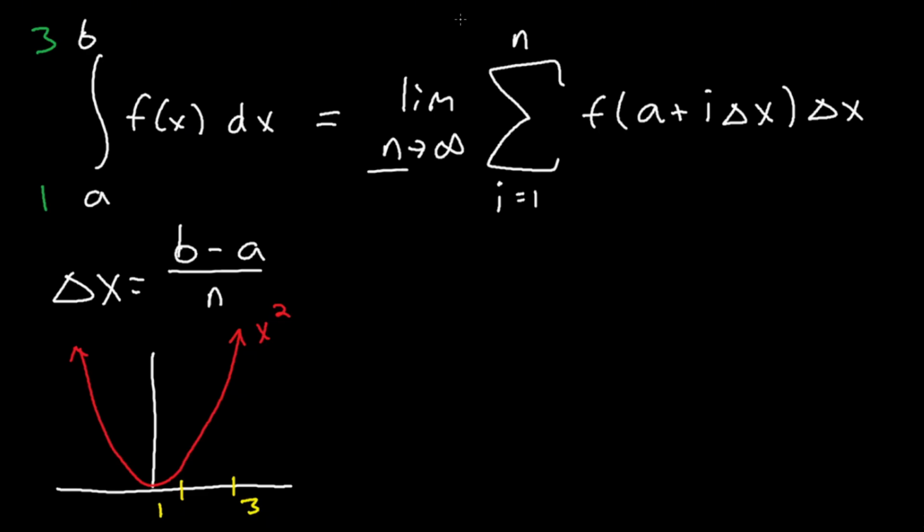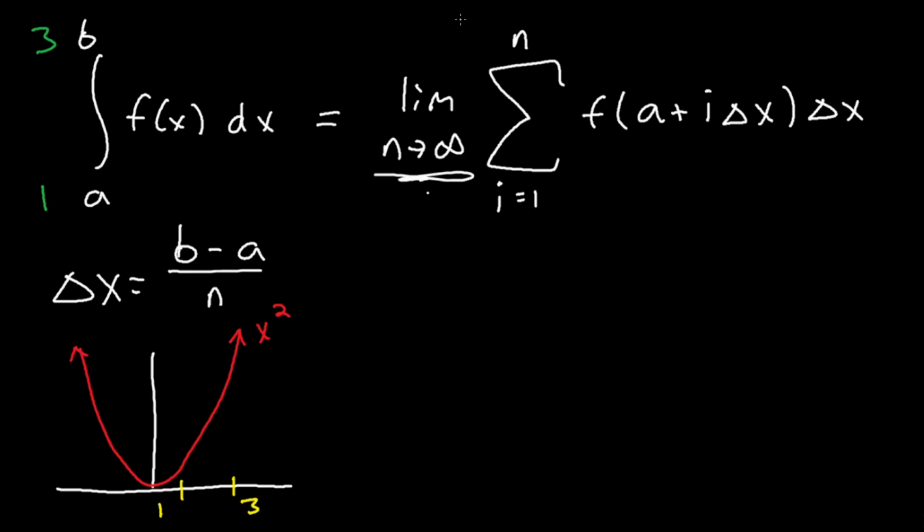Well, if n approaches infinity, delta x is the subinterval width. And you can calculate the subinterval width by subtracting the lower bound from the upper bound. I think I said that wrong there. But when you subtract the lower bound a from the upper bound b and divide it by the amount of subintervals you want, n, you get the width delta x, or the width of your rectangles.